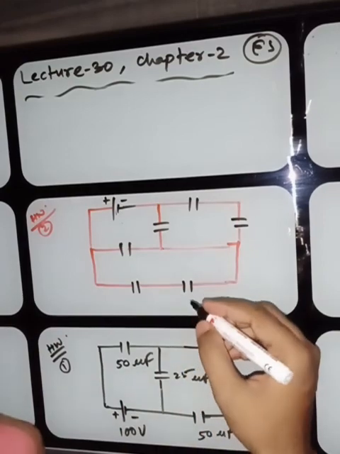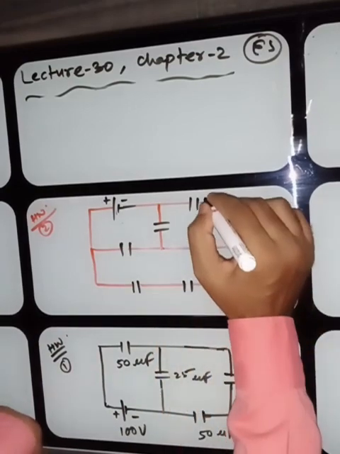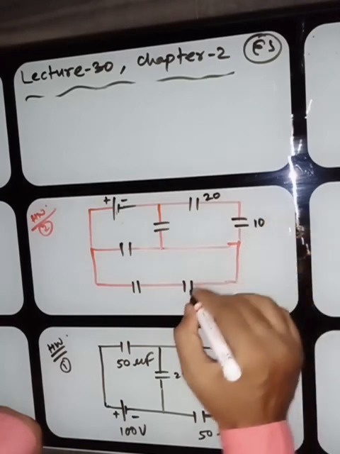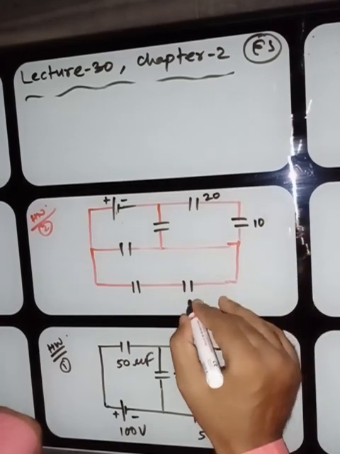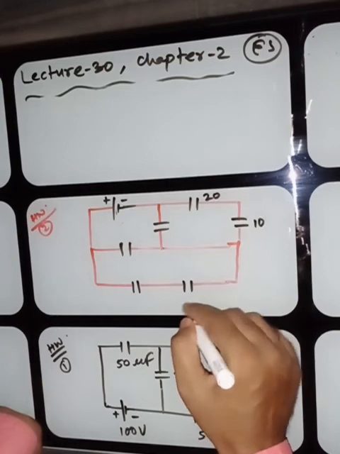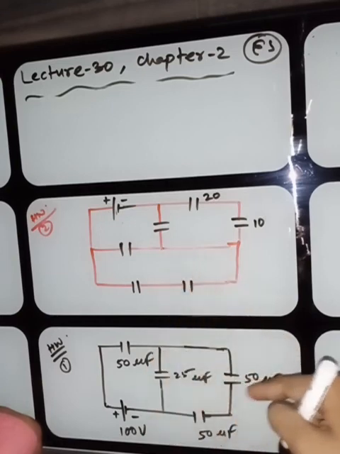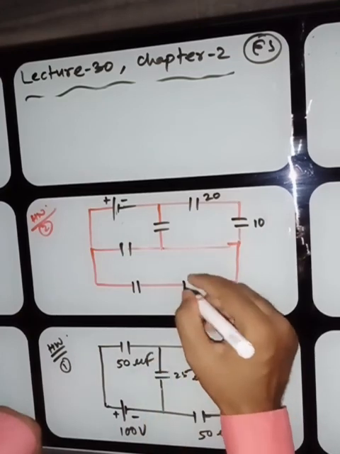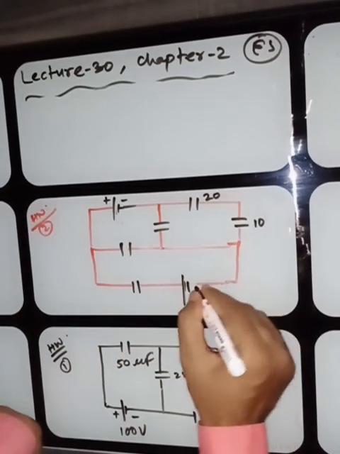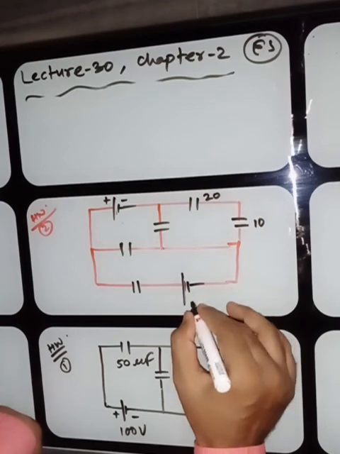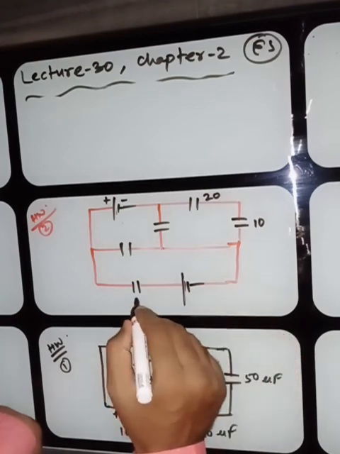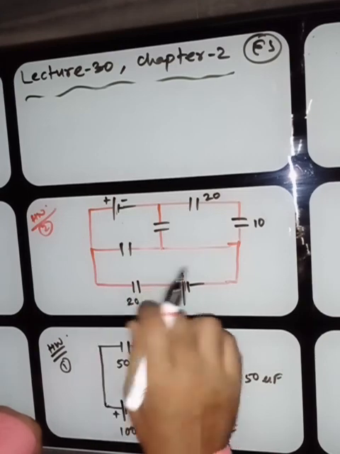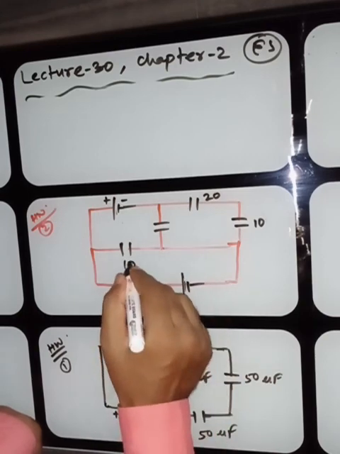Now I'm giving you the values. Suppose it is 20 microfarad. I'm not writing the microfarad, you can understand. 10 microfarad. Here we have studied for one battery. Now let there be two batteries in this question. Suppose 20, 10.